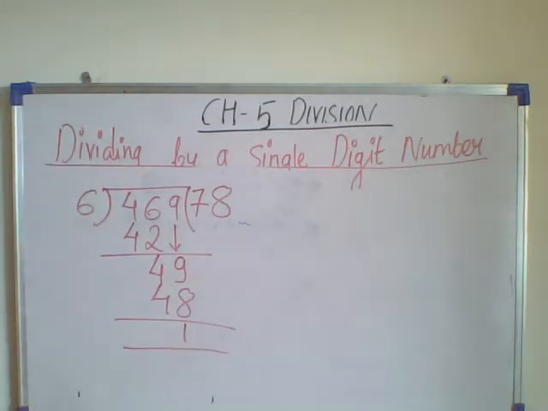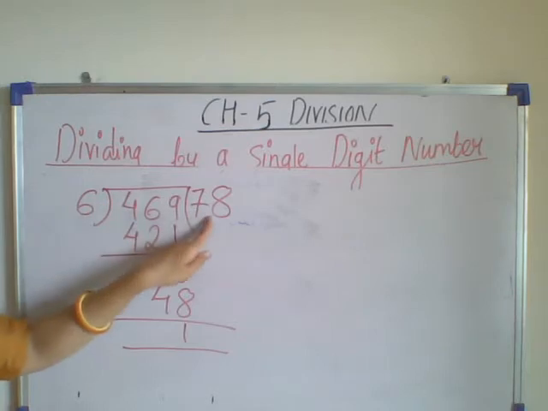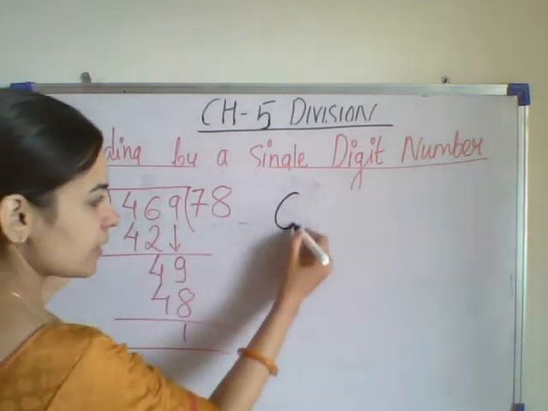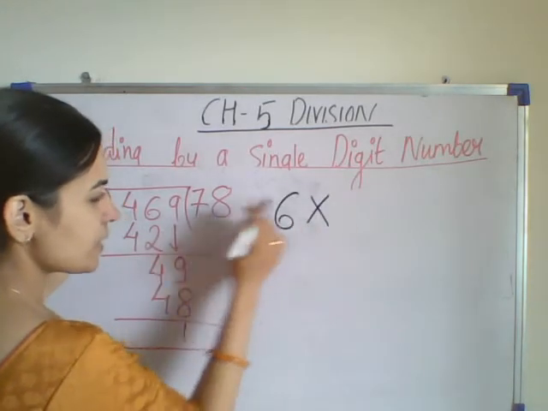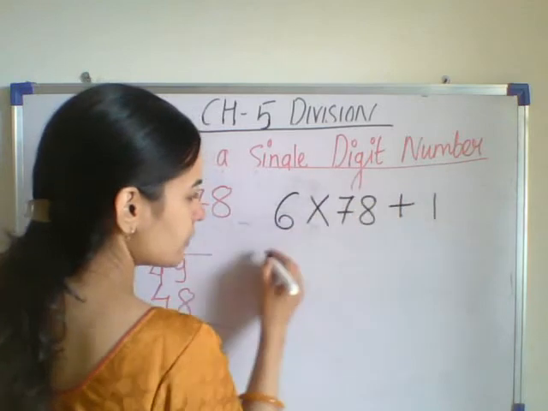Now how will we check this division, whether the division we have done is right or wrong? We will be multiplying 6 with 78 and plus 1.